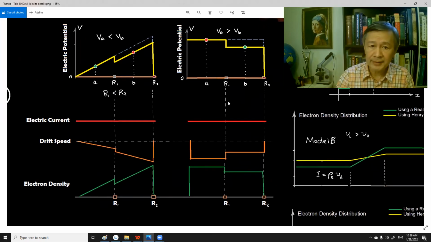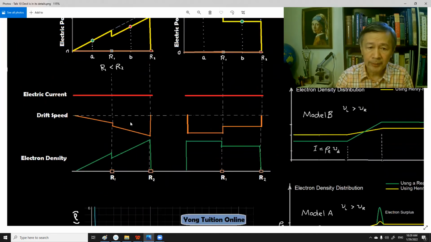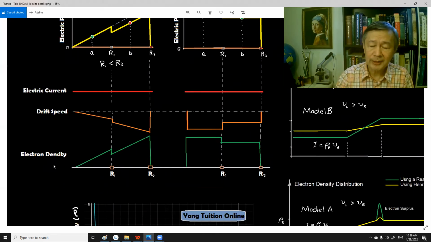In both cases, the electrical current you could measure at any point of this loop is constant. However, both the electron density and the drift speed of the electrons are different.